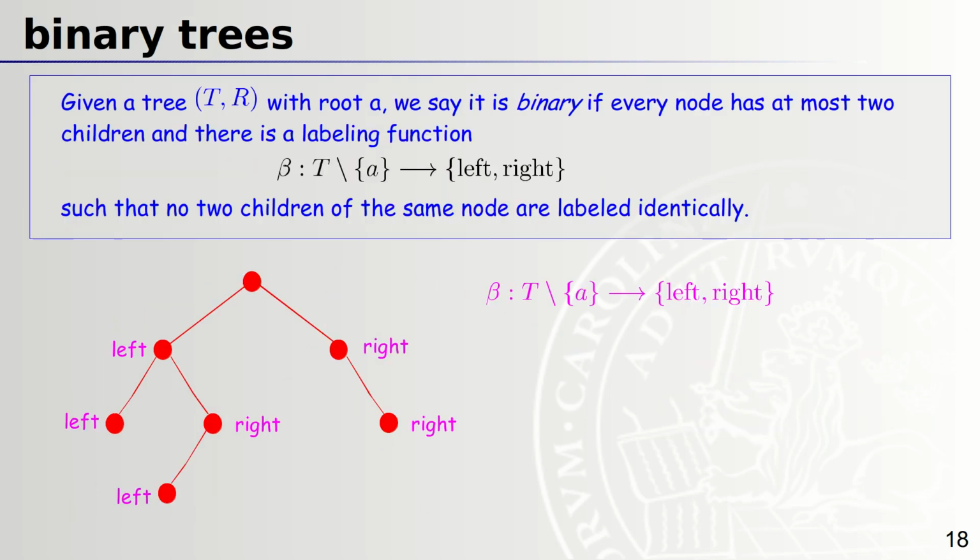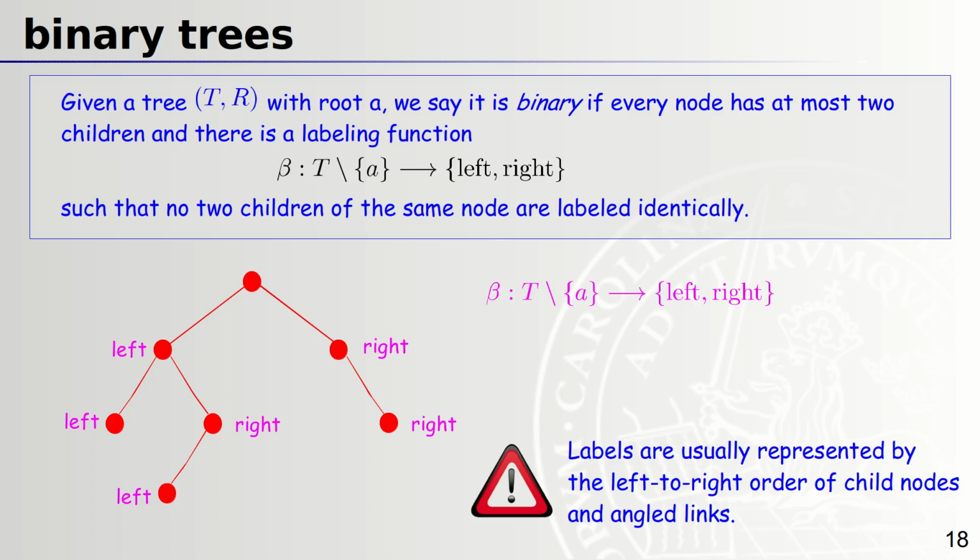Another common type of tree is the binary tree. In it, every node has at most 2 children, and the labeling function labels them with one of 2 labels, typically something like left and right, such that no 2 children of the same parent are ever labeled the same.